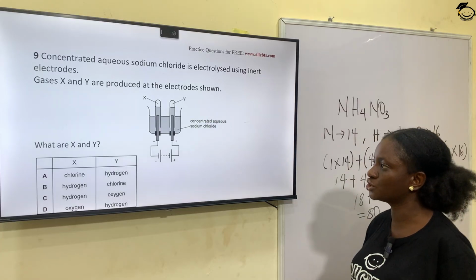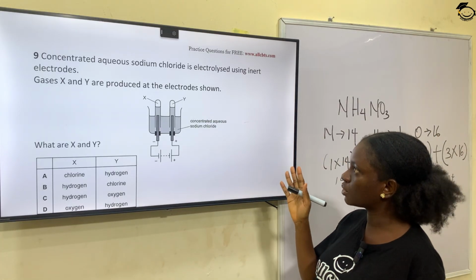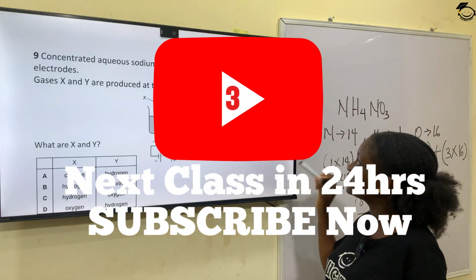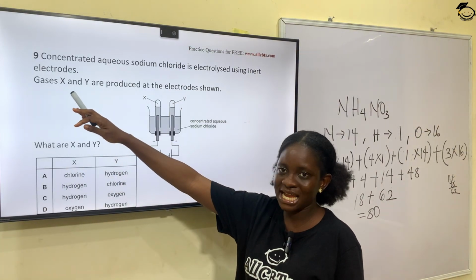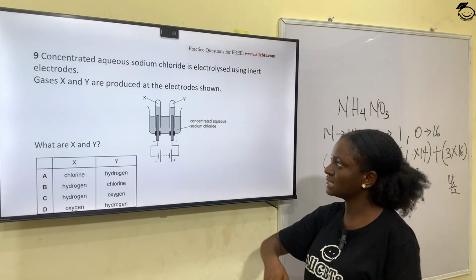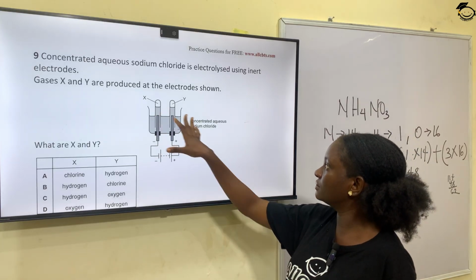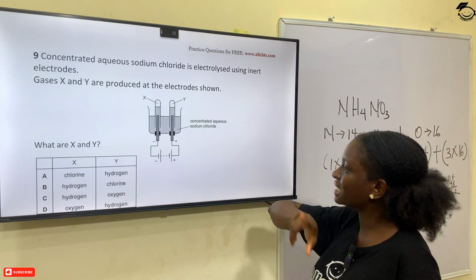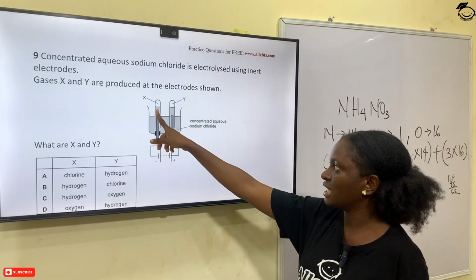The next question: concentrated aqueous sodium chloride, that is known as brine, is electrolyzed using inert electrodes. Gases X and Y are produced at the electrodes shown. So this is the diagram we see. This is the brine solution. These are the electrodes. They are asking which gas is liberated at each of the electrodes.